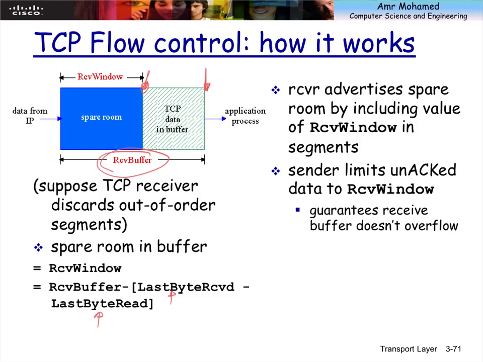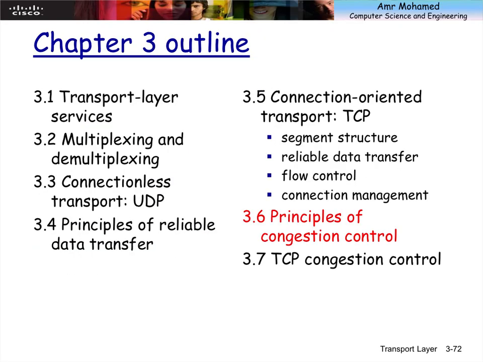You are jumping ahead. Because there are two scenarios, reactive and proactive. We'll talk about explicit and implicit. There are different types. Okay? The main difference here for congestion control is that TCP does not have visibility to the network.